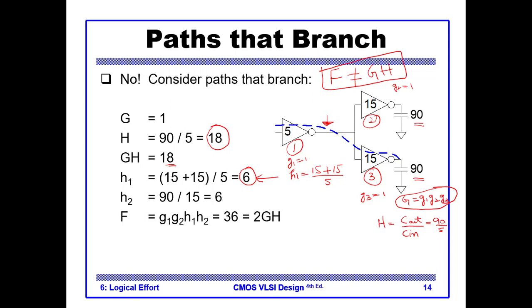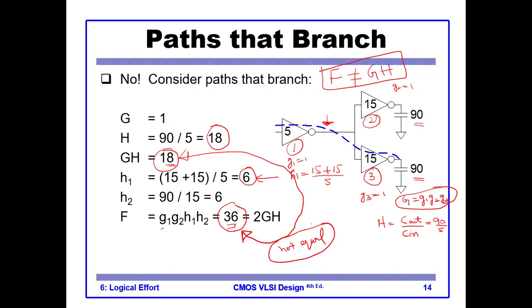And if we find capital F as G1 into G2 into all these things, we get 36. So you see it is 36 here and 18 here. These two are not equal due to branching.